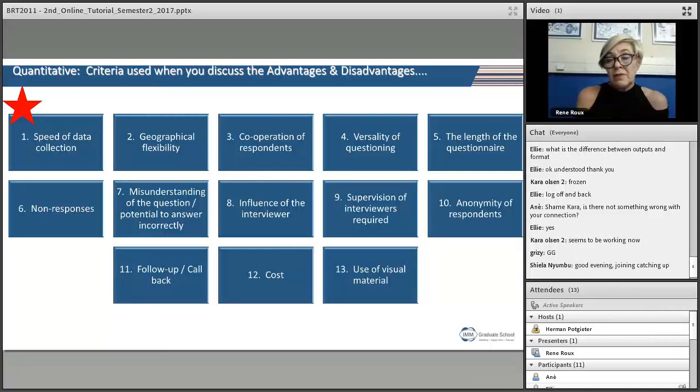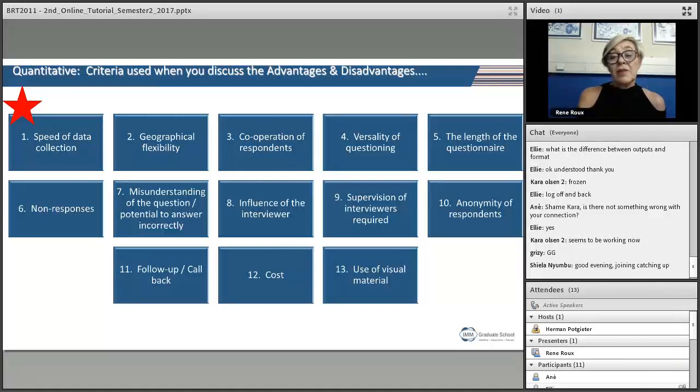The influence of the interviewer. How important is that? Supervision of the interviewers. Anonymity of respondents. Your ability to follow up. If you need to contact that respondent again in a week's time, an intercept interview is not going to do it, because the chances are 99% you're not going to find the same person.